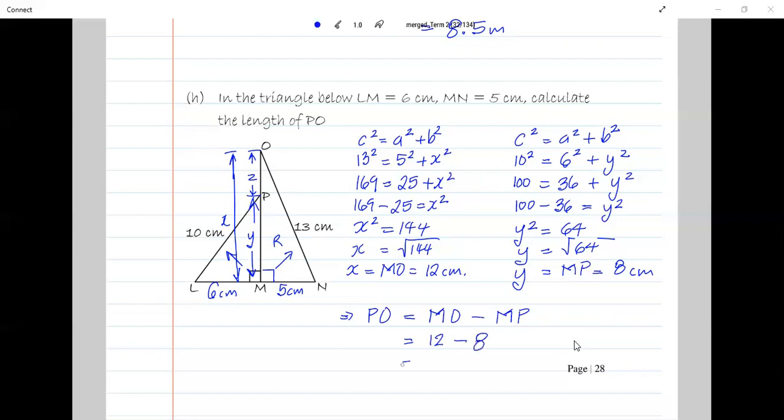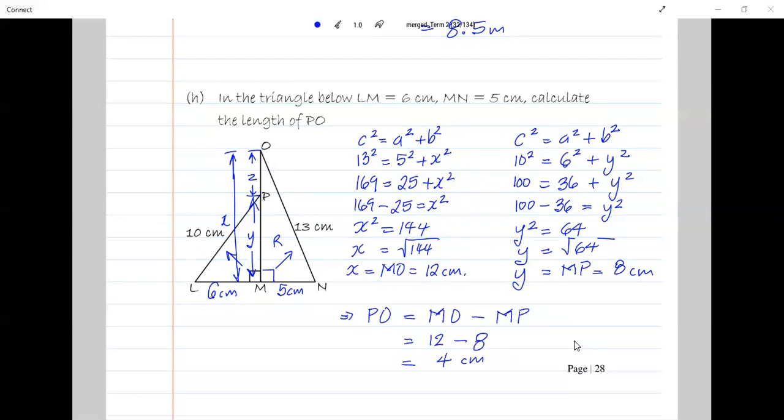PO is 4 centimeters. So the length from M to O is 12. The length from M to P is 8. Therefore, the length of PO is 8 centimeters.